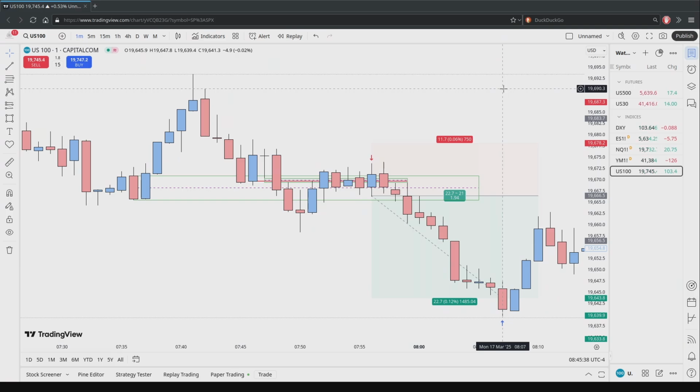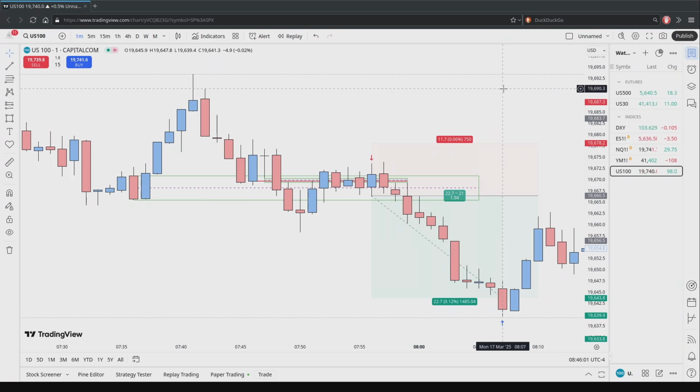The system still proved to be profitable at the end of that testing period. So it's important to look at that and realize, okay, sticking to the rules, you still will take losses. The system's not going to be 100% perfect.